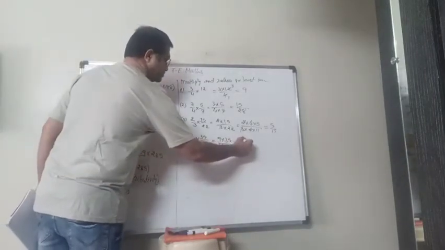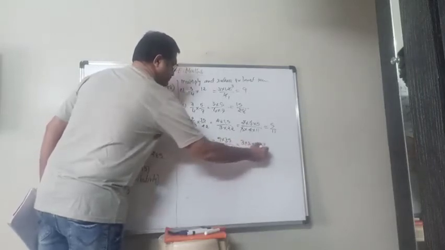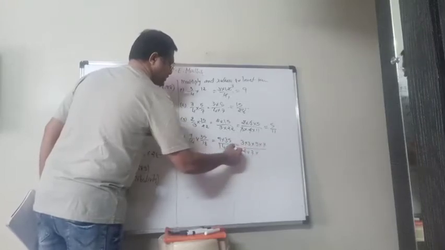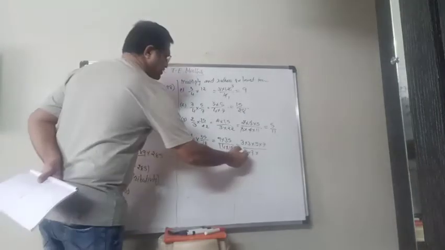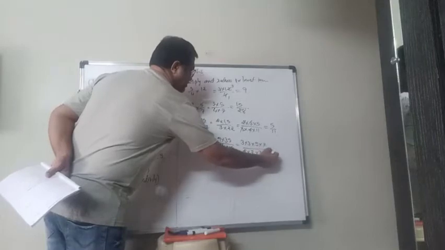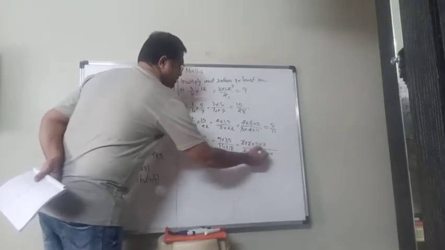So 3 3s are 9, 5 7s are 35, 2 7s are 14, and 18 is like 3 3s are 9, 2 9s are 18. 3 and 3, another 3 and 3.